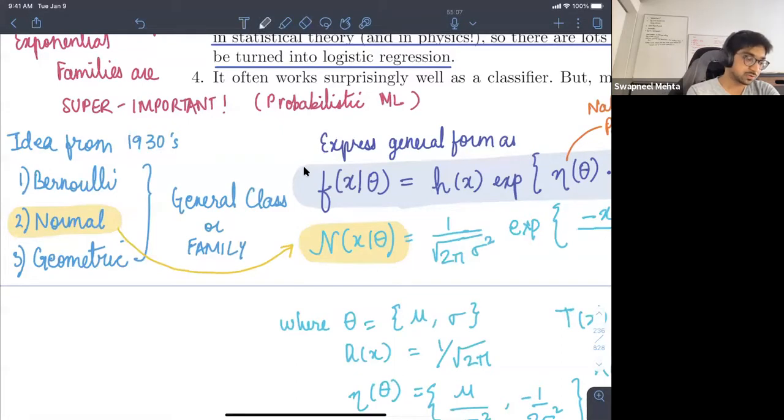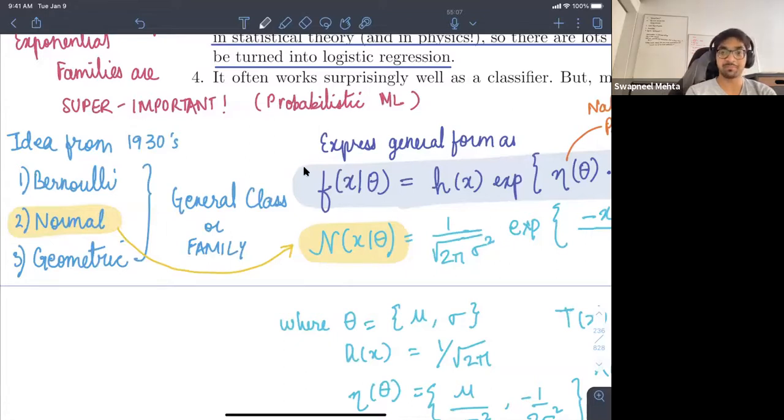Most of the distributions that were discussed, your Bernoulli, your normal distribution, your geometric, your Poisson, your inverse Wishart and Wishart, lots of distributions can be framed in the form of an exponential family.